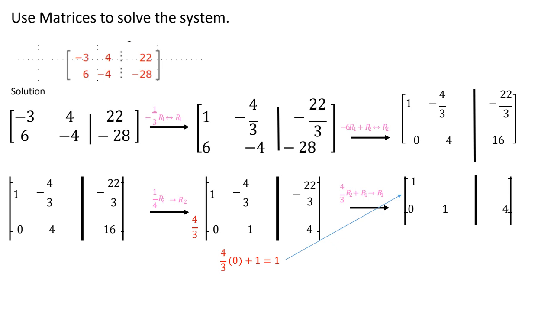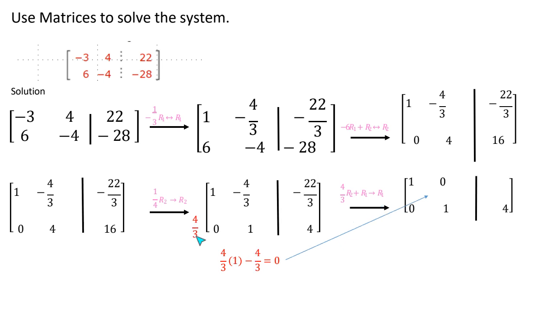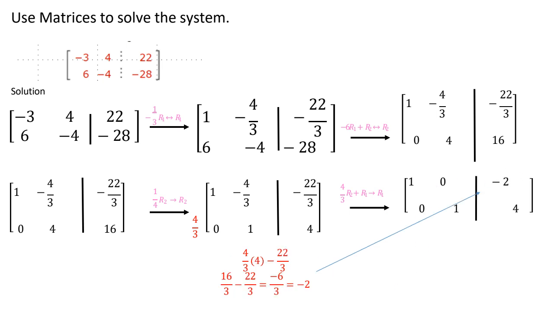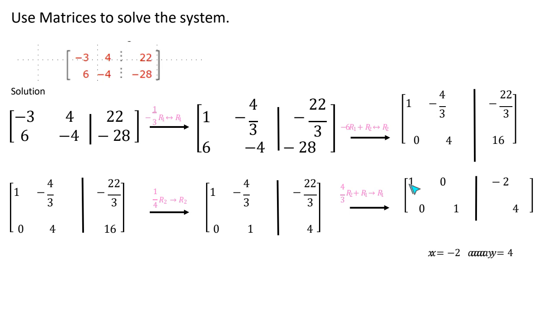And then the next one is 4/3 times 1 is 4/3 minus 4/3 is 0. Then the next one, 4/3 times 4 minus 22/3 is going to be -2. So our solution is going to be x is equal to -2 and y is equal to 4.